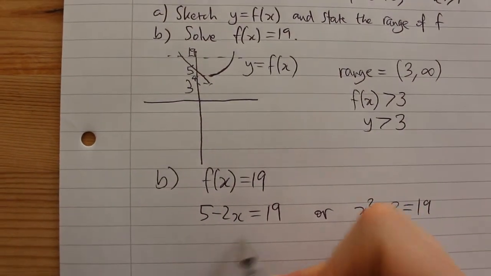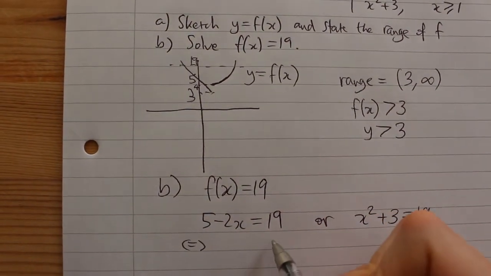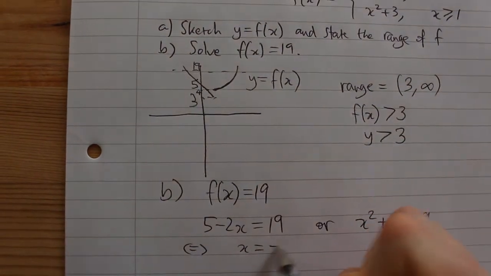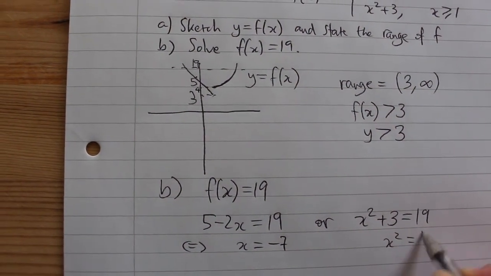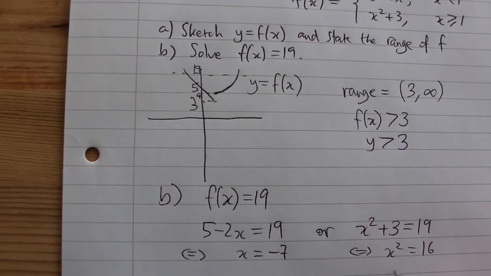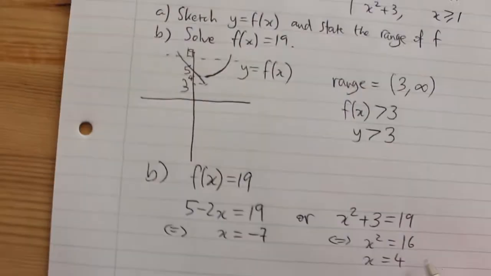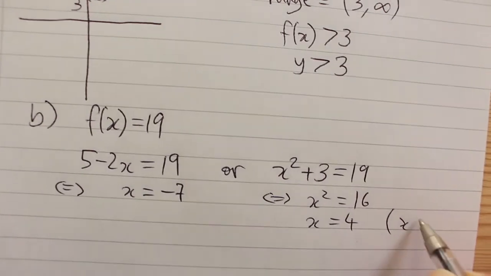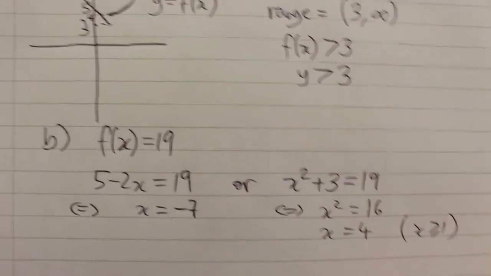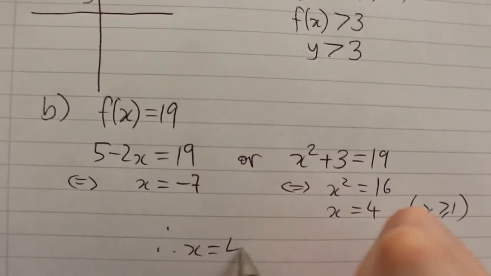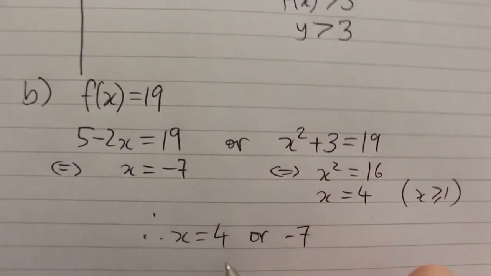And if we solve these, this one becomes x equals minus 7, and this one gives us x squared is 16, so x is 4. And x can only be 4 because x has to be at least 1 to use this part of the graph. So therefore the solutions are x equals 4 or minus 7.